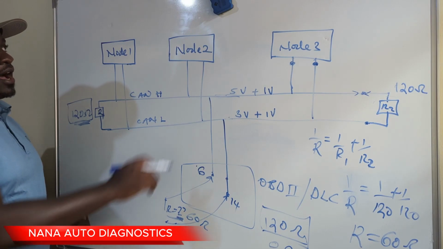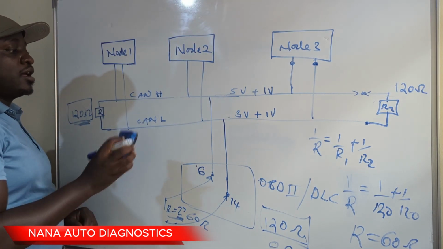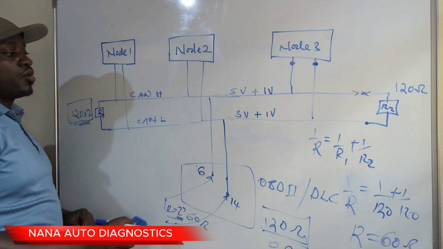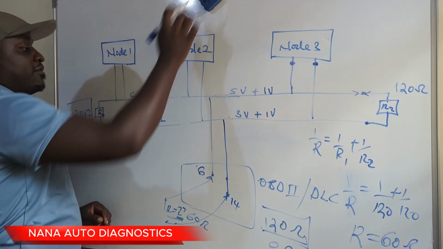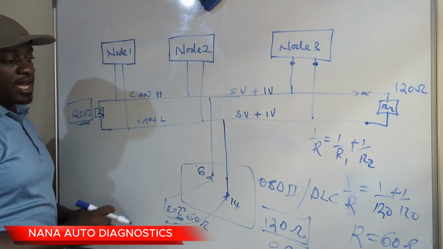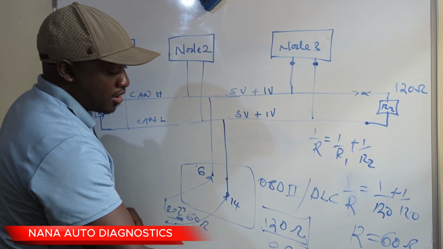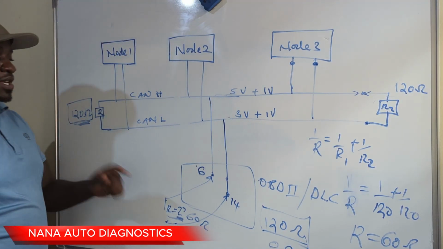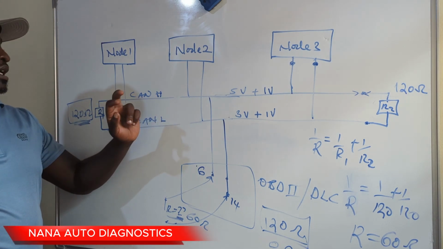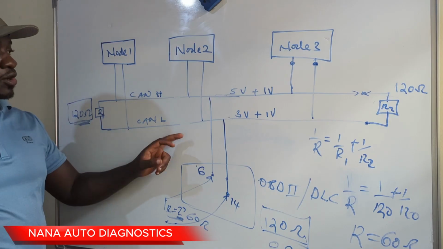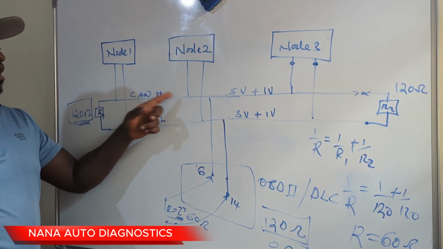How about if we have an open in either CAN high or CAN low or in both communication lines? Whenever we have an open, we shall always have an infinite value or a value in mega ohms. A very big value of resistance will be recorded whenever we have an open in either CAN high or CAN low, or whenever we have an open in both communication lines.